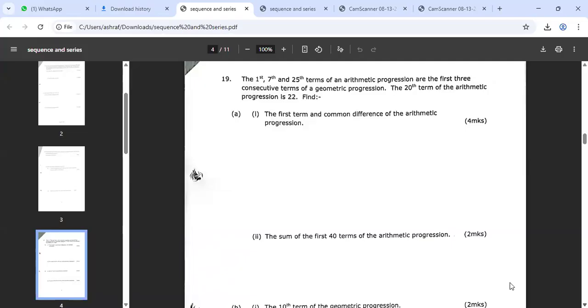So how do you go about this one? Someone to take us through. Try.